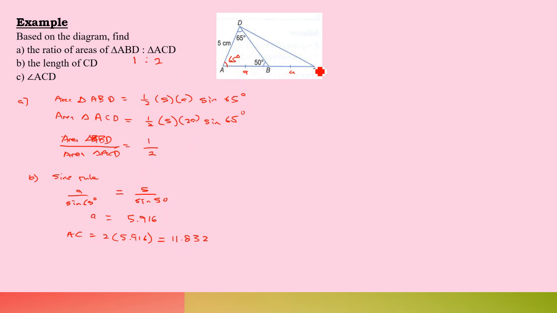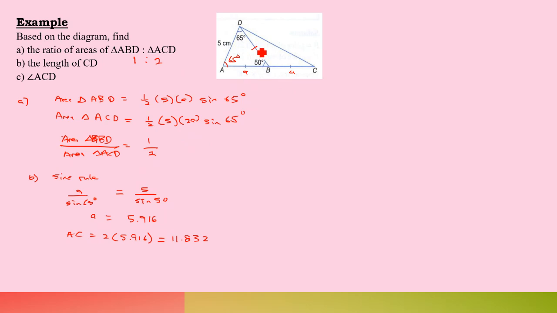So you want to find CD, and the angle here is 65. Using your cosine rule, you can work it out. This is one way. Another way: if you know this angle very clearly, 50 and 130, you also know that this will be the same length.